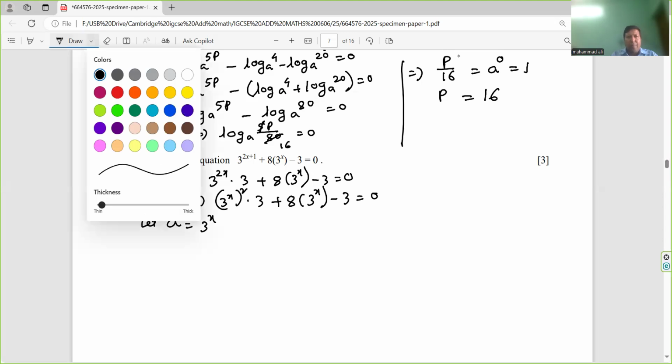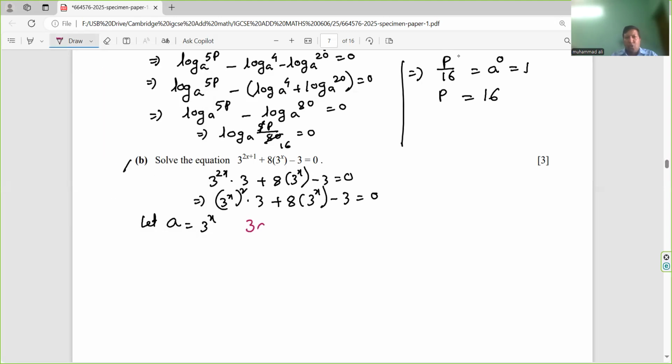So it will be 3a square plus 8a minus 3 equals 0. If we factorize, we will get two factors, a plus 3 and 3a minus 1 equals 0. From here, a equals minus 3 and a equals 1 by 3.